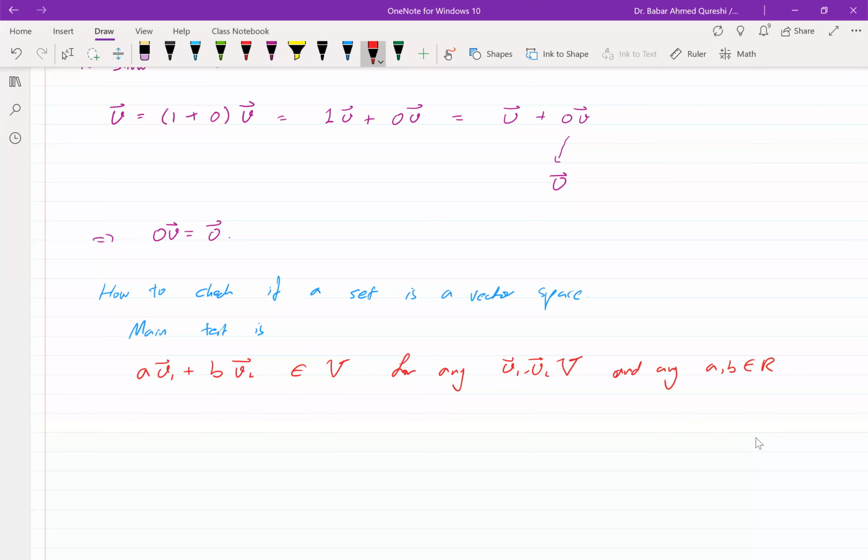If you can find this combination in your set, that means all the previous properties will hold. If this fails, you are just doomed. It's not a vector space.